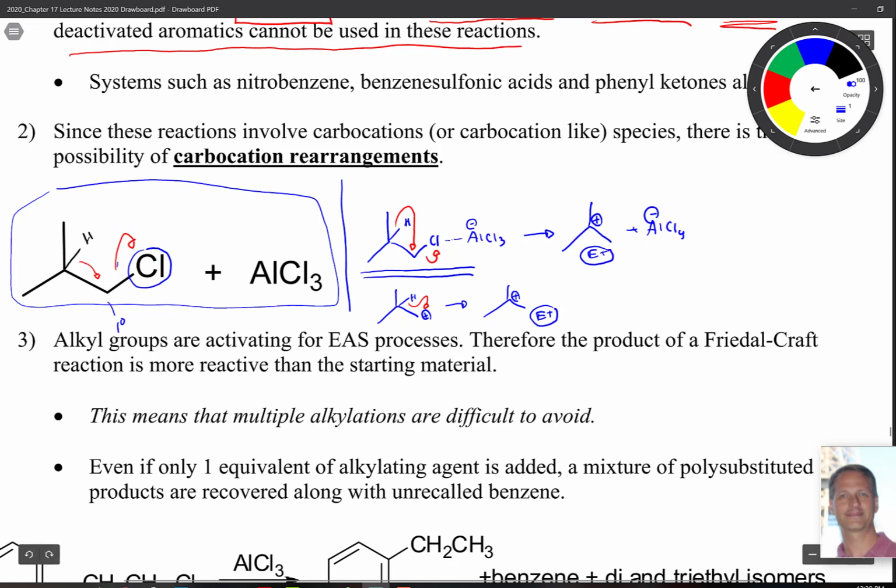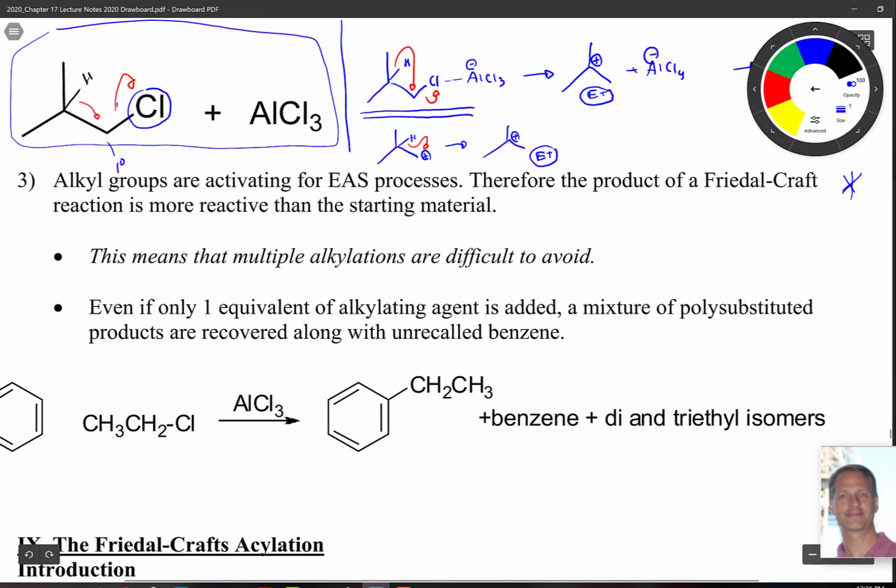So if we saw that reacting, then our final product down the line would be your benzene ring plus that, with basically a tert-butyl group on it. Right, so those are the two things to look out for. So what about the third thing? If we look down here below, let's look at number 3. Alkyl groups are activating for EAS, right?